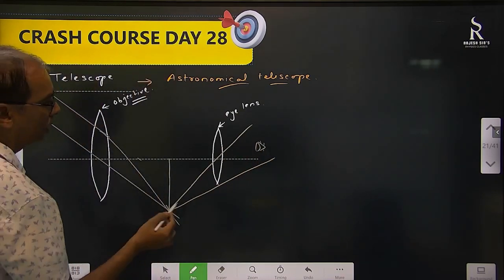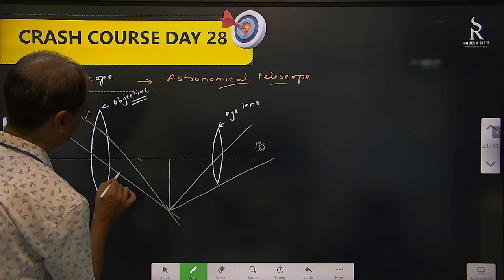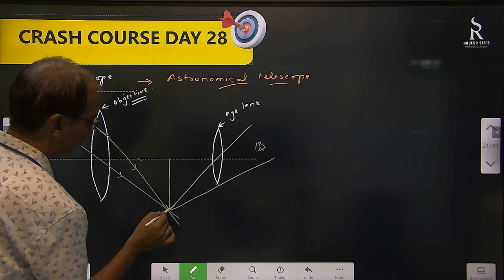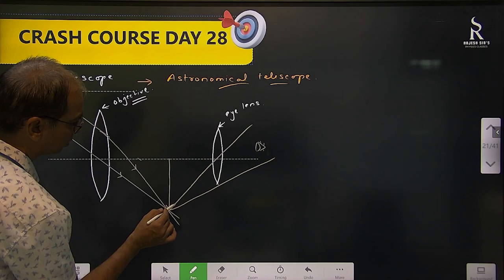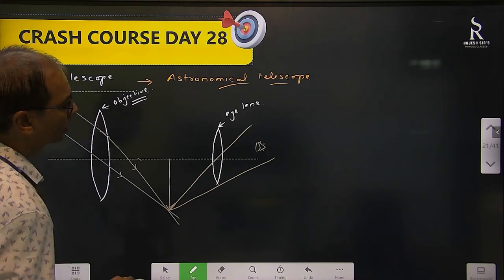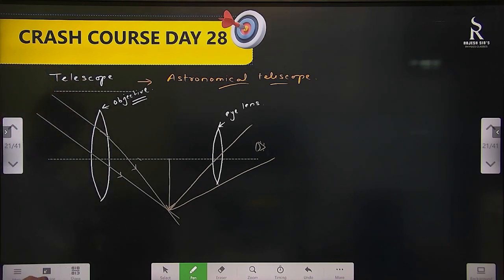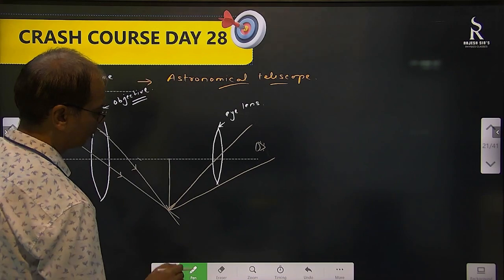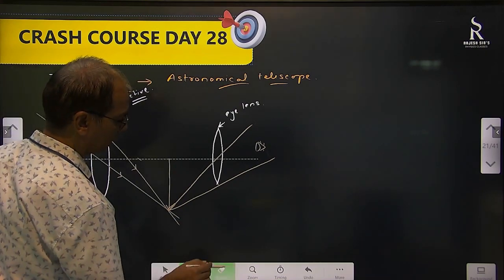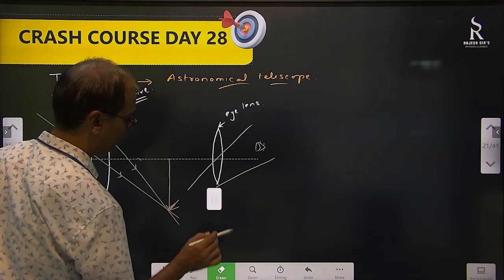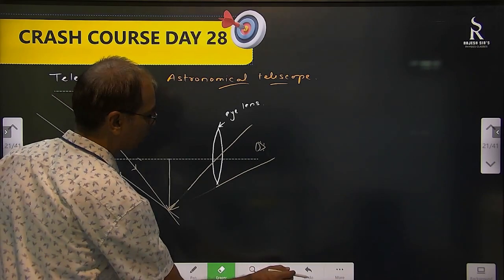Then for the eye, from where are the rays coming? Wait a second, what I have done is not correct. I have taken it directly, so this diagram I have made wrong. Let's correct it.